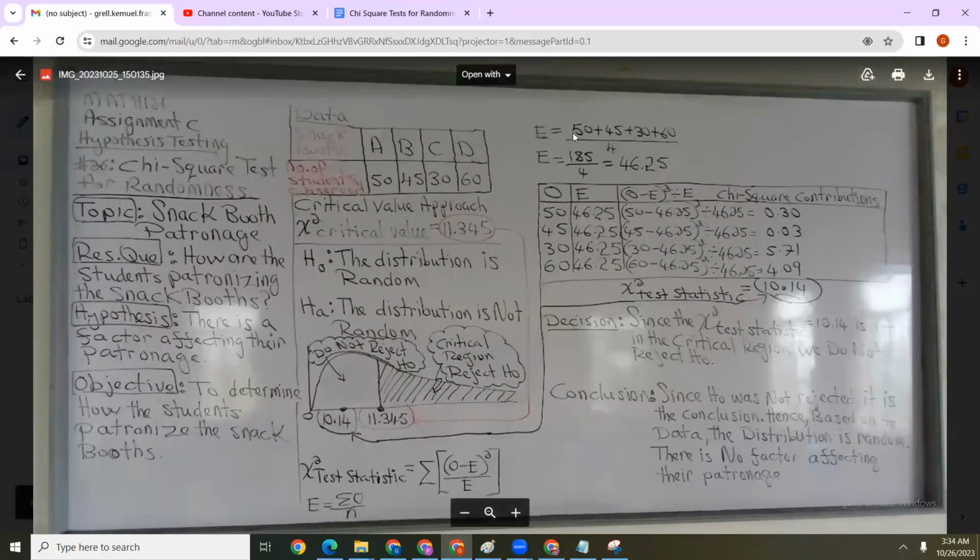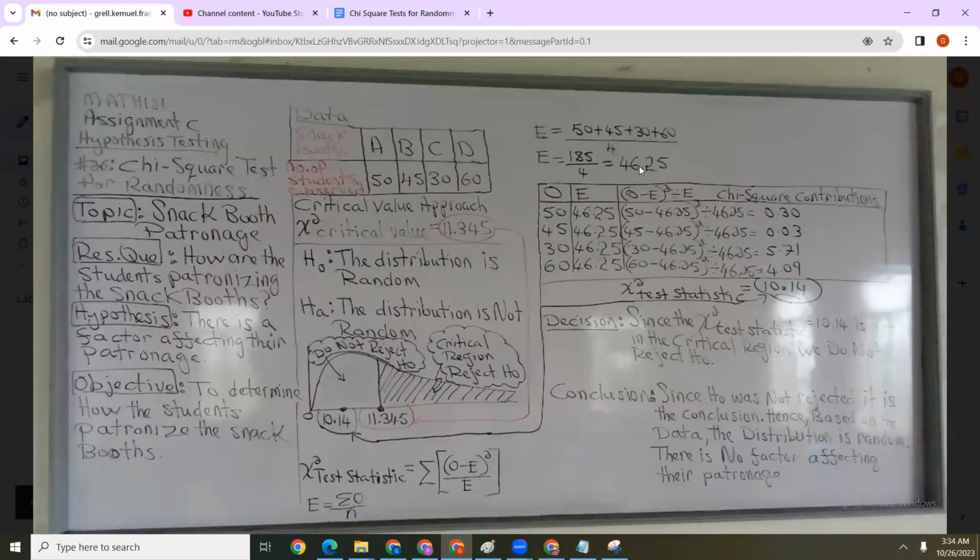The expected value was calculated to be 46.25, when the observed values were added, 185, and divided by 4, because you have 4 snack booths, 46.25. Because if the null is saying that the distribution is random, you expect that each snack booth gets the same number of customers, right? So that's why the expected value is the same for all the snack booths.